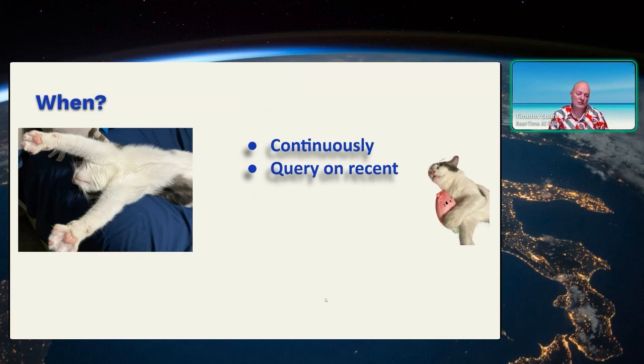I can run this in some Kubernetes distribution and maybe in a Docker container. There's a lot of options here. Or I could do something like Flink or Kafka Streams. Lots of options.